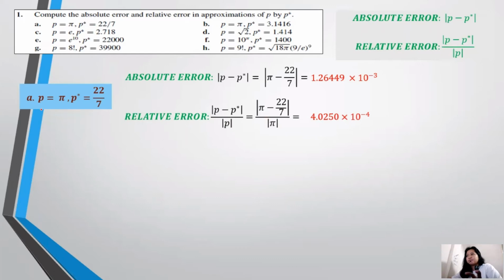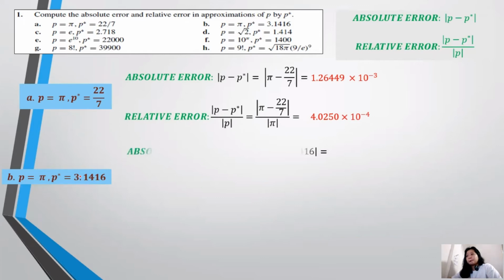So let's proceed. For letter B, we have pi for the p, and the p* is 3.1416. In letter A, we have a fraction form, while in letter B, our approximate value is in decimal form.